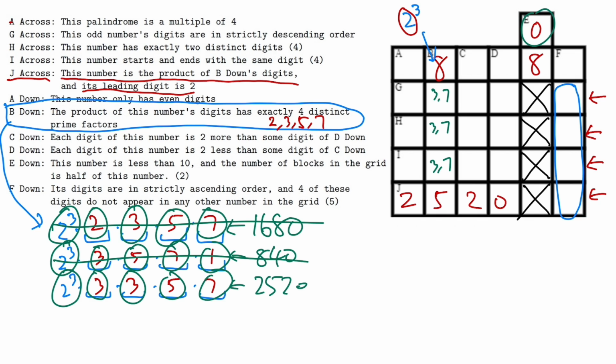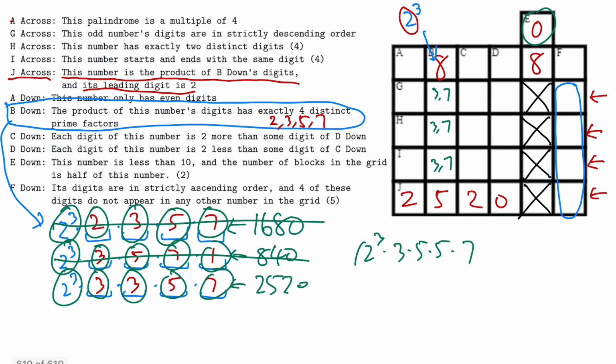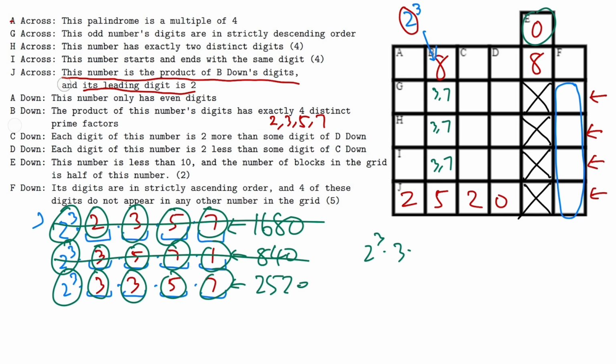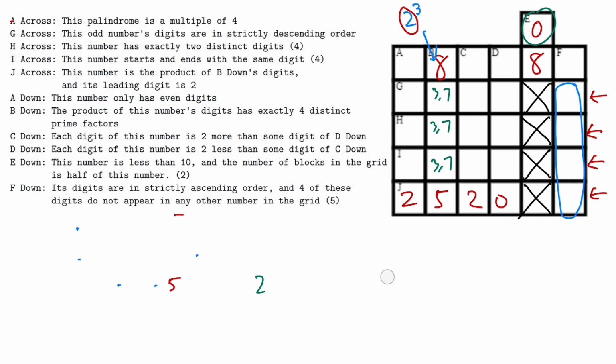Another thing I want to mention is, can we have 2 to the third power times 3 times 5 and then another 5 and then 7? Well, this gives you 4 distinct prime factors as well. But if you multiply 8 times 3 times 5 times 5 times 7, you will end up with 4200. So out of consideration. So it must be this. You can also check the other possibilities; they will be too big. Let me just erase all this right here.